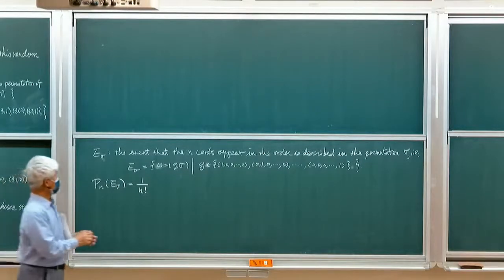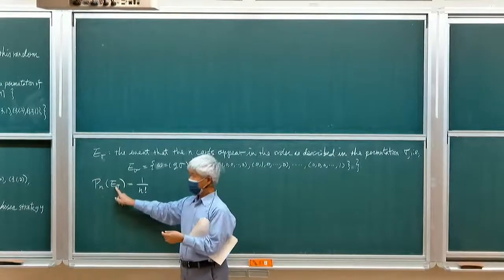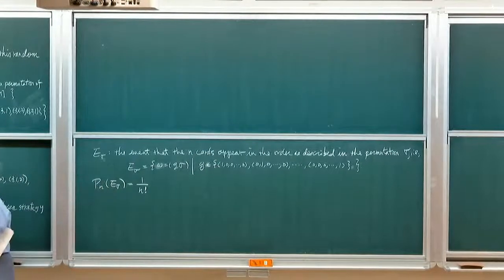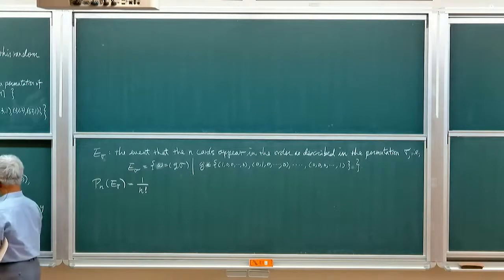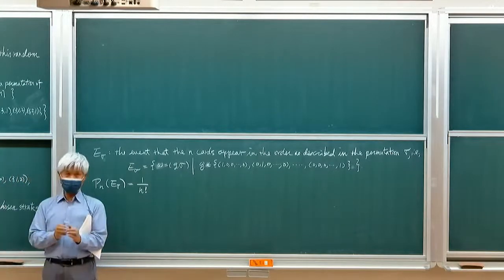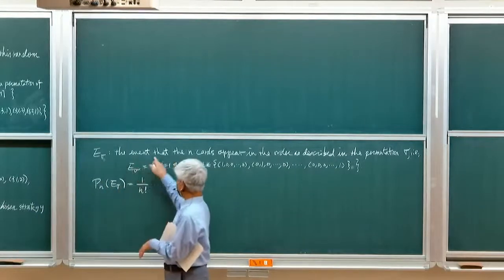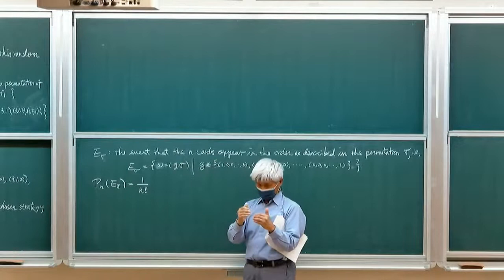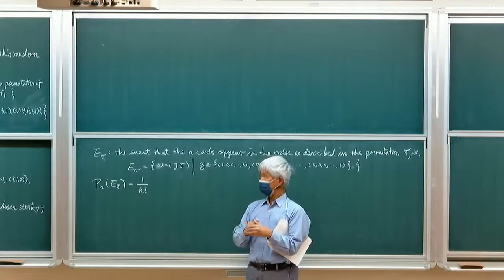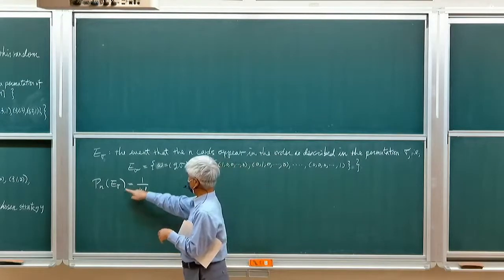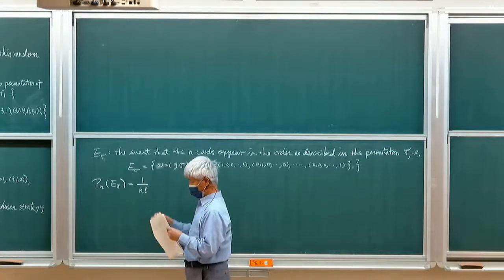So no matter what kind of probability function we have, even though the probability function will depend on the strategy of making a guess, if we look at the order in which the cards appeared, then the probability of this event would be 1 over n factorial, so they will be equally probable.